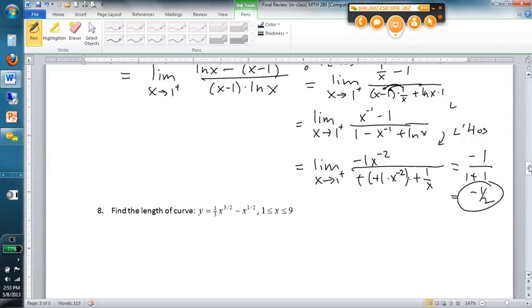Number 8. Lengths of curves. We did arc lengths. Remember its formula? Well, the arc length was what?